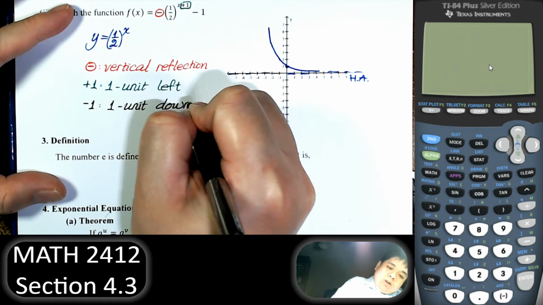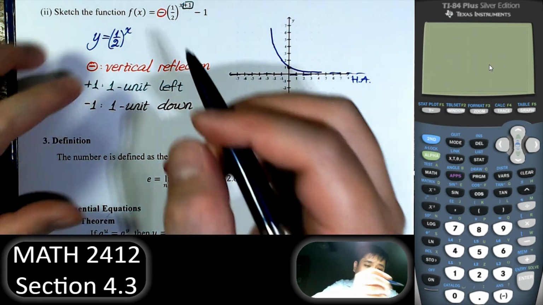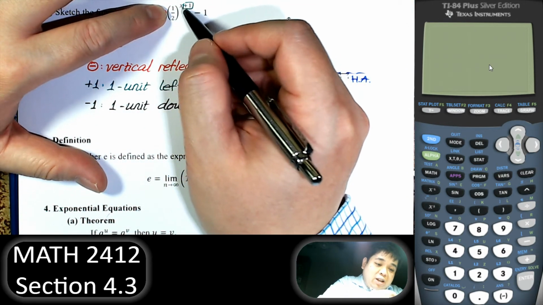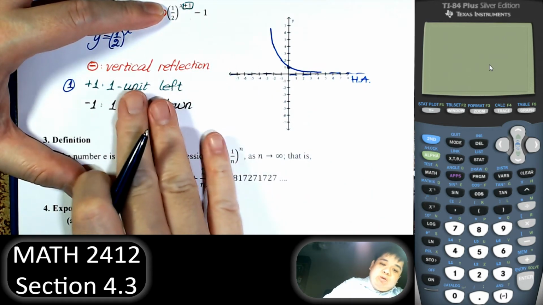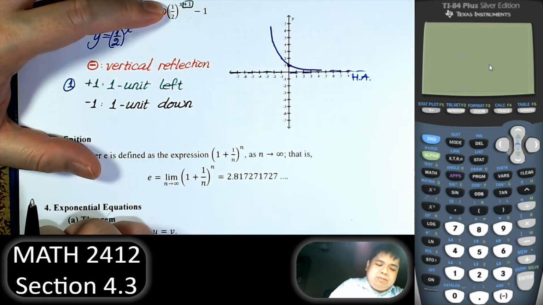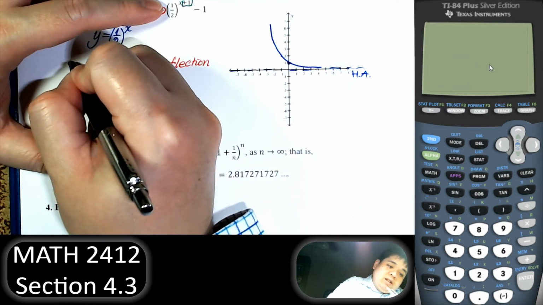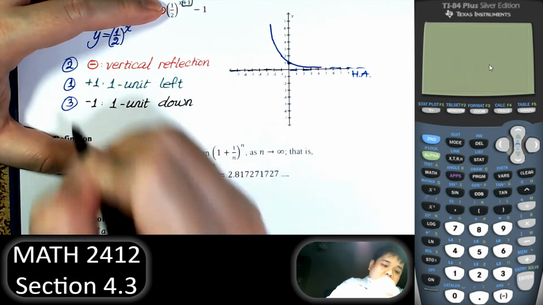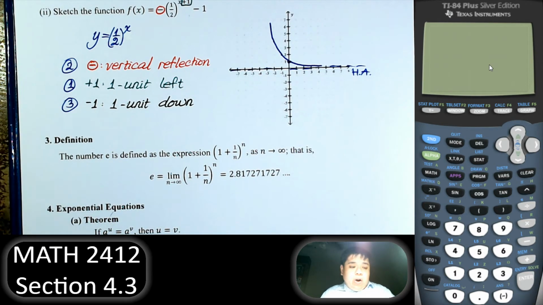So those are the transformations, but in what order do we evaluate them? Actually, first the x values, we add to the x value, so that is the first thing we do. So the first transformation is move this 1 unit to the left, and after that the reflection, flip it upside down, and then after that move 1 unit down. So those are the orders of transformation.